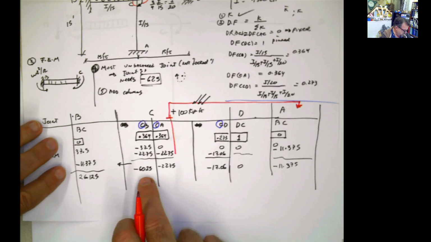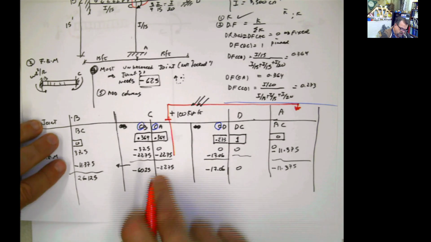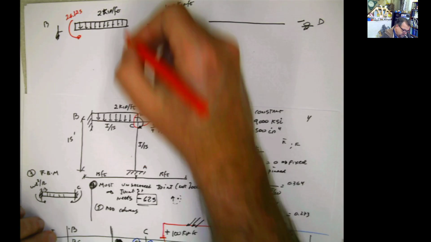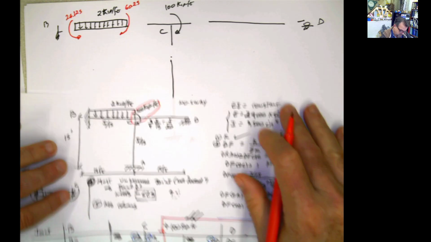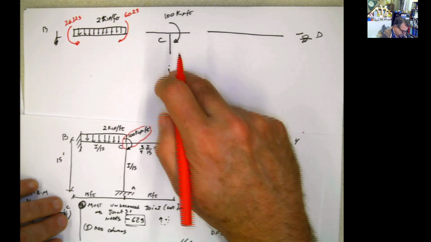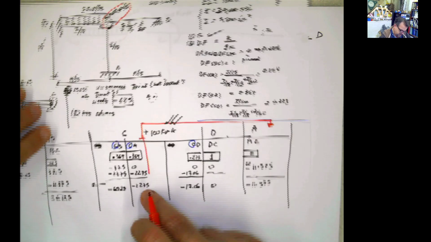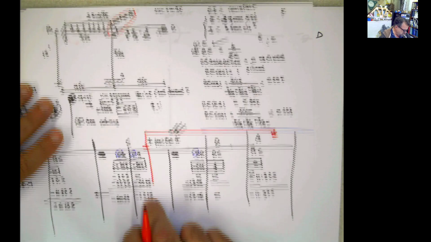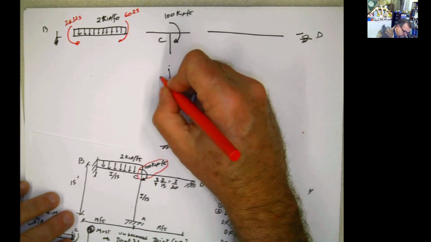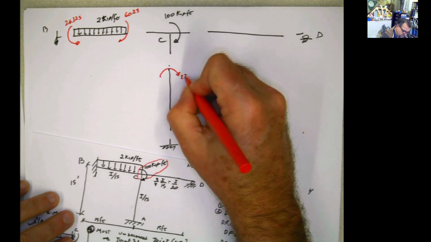Now CB is this one here. So you have that value, which is 60.25, and it's negative. Now we go to CA. CA is here. CA is negative 22.75.